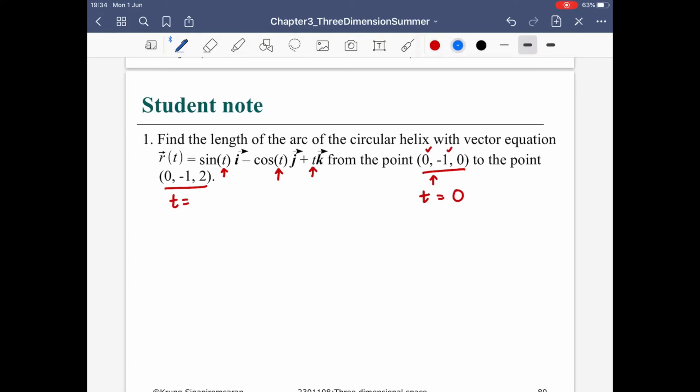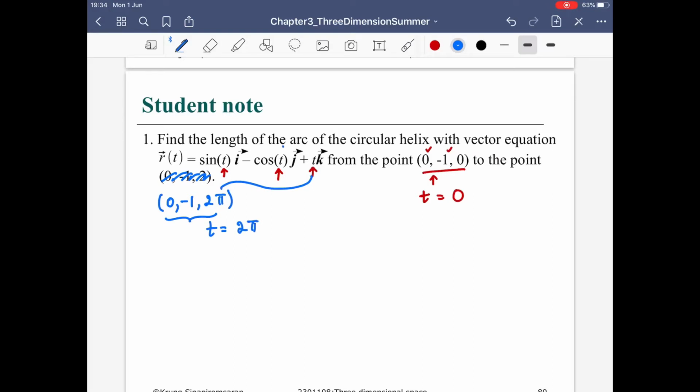How about this one? We have a small typo here. Let me change it. This one should be (0, -1, 2 pi). We forgot the pi. So here, because of the last component again, your t should be 2 pi.